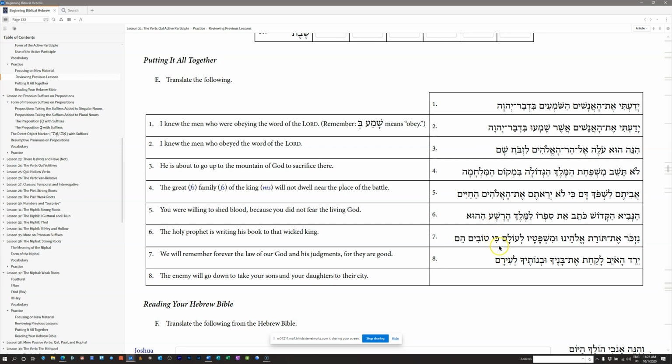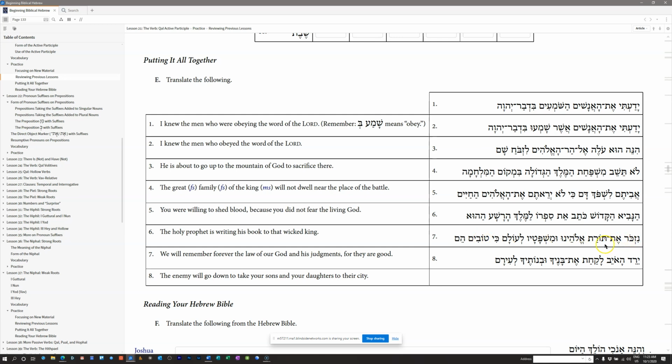Ki, because tovim, good are they, because they are good. You know that this is predicative because, one, the adjective precedes the noun or pronoun that it modifies, and two, pronouns are always definite, but here tovim is indefinite, so the definiteness does not match, therefore they are predicative.